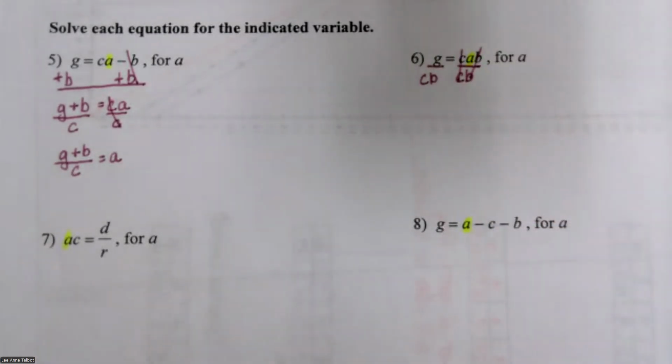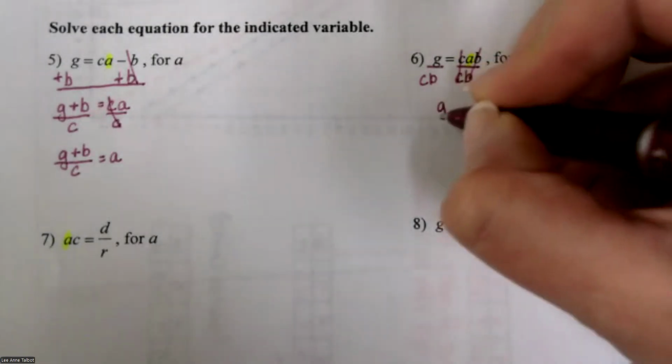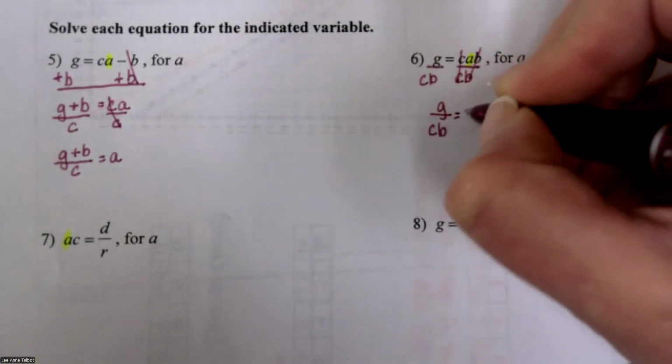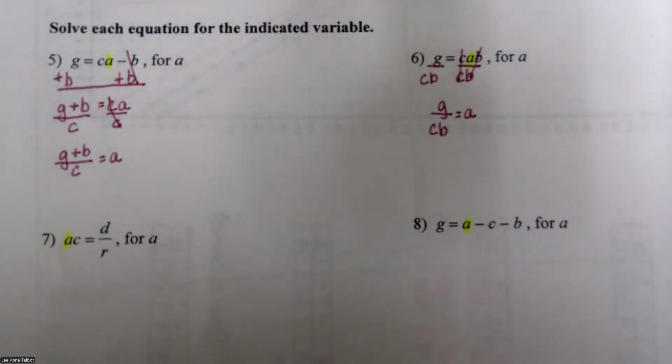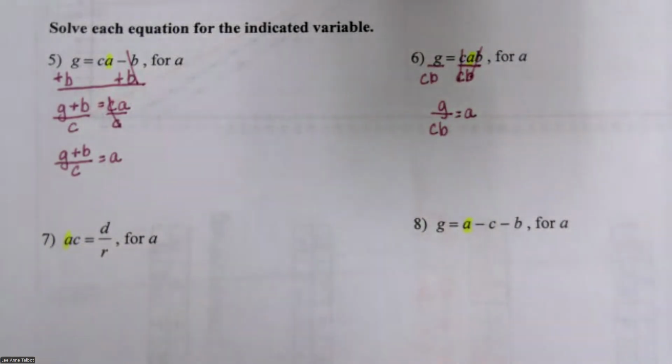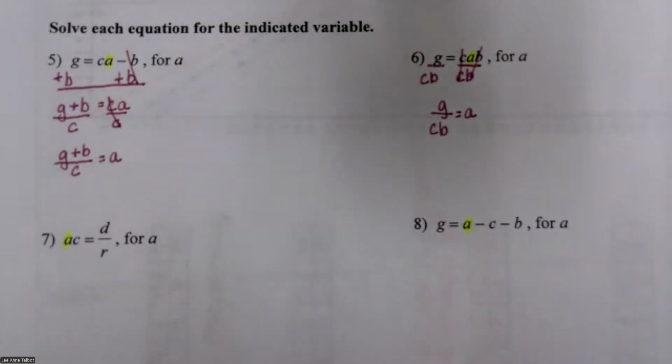And it crosses both of those out, and then I get G over CB equals A. Okay, so let me say that again. It's okay to divide by multiple letters at the same time. It makes it easier for you, because otherwise you end up with like a fraction and a fraction, and it looks really weird.